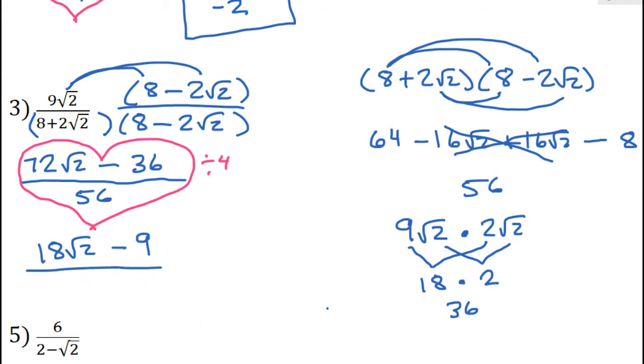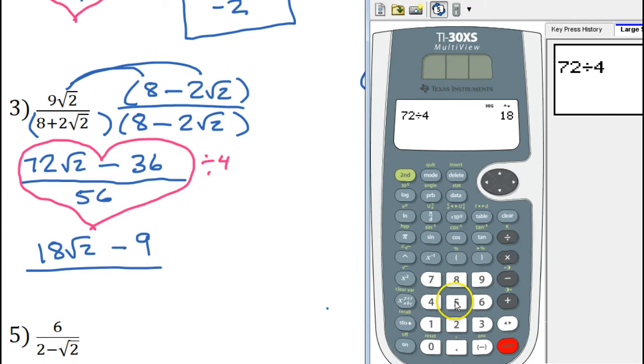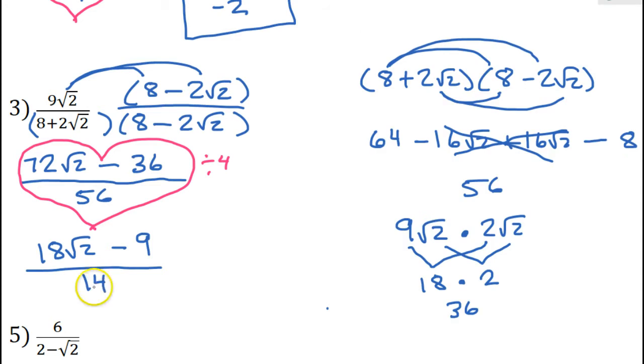Okay, what about 56? That's 14. Okay, so I'm glancing back at the remaining 3 numbers to see if there's anything else I can divide by, and I don't see anything. So this is going to be the answer.